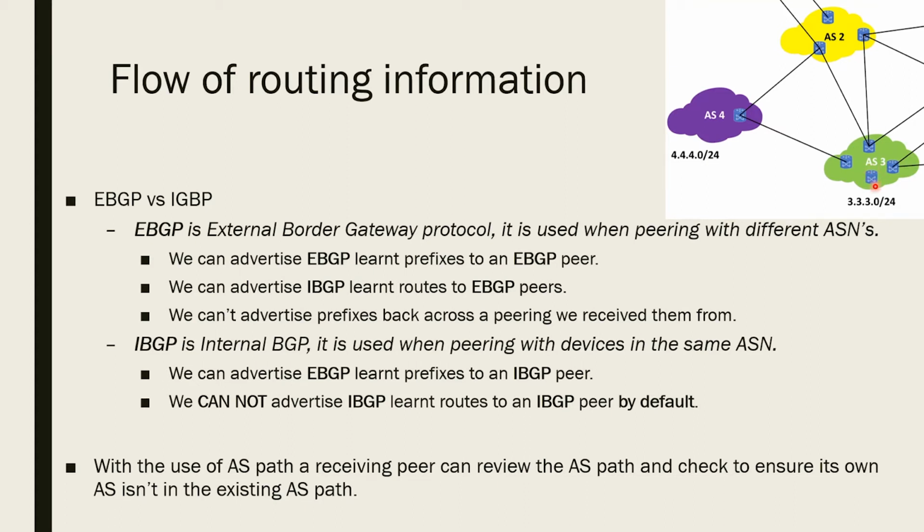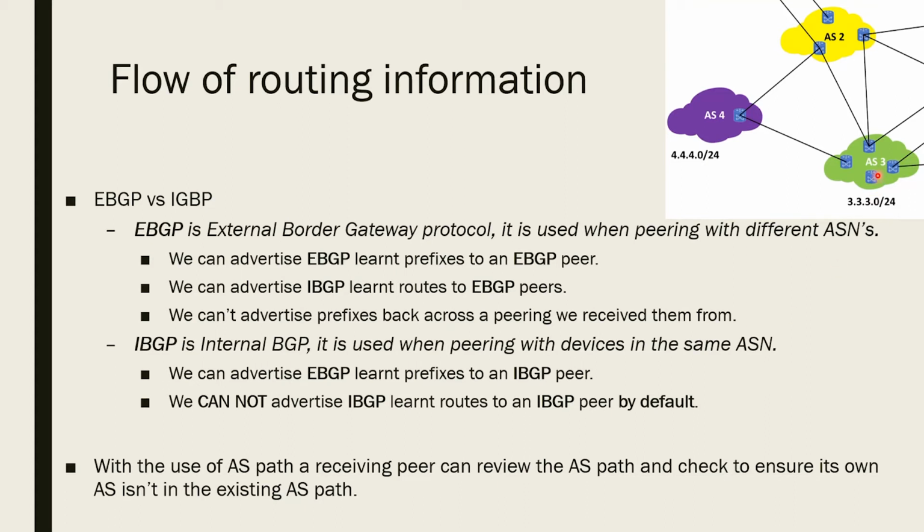However, this device by default cannot advertise this route that we've learned from AS4 onto any other internal peers. There is a way to get around this with route reflection, but by default that isn't permitted.